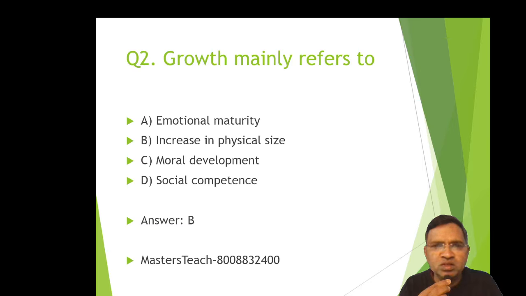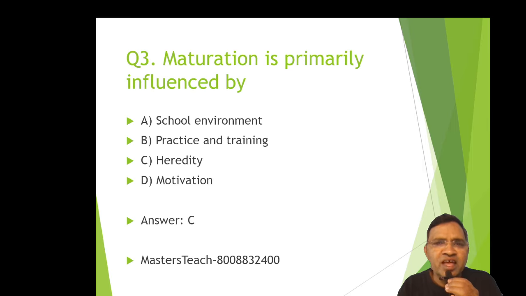So the growth mainly refers to increase in physical size. Okay. Then maturity is primarily influenced by A, school environment, B, practice and training, C, heredity, D, motivation. This is C, heredity.